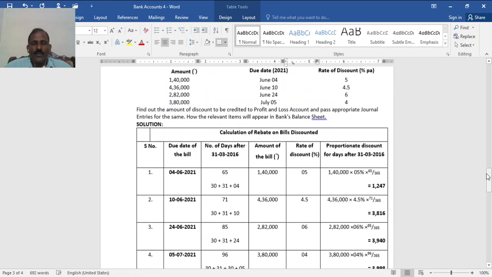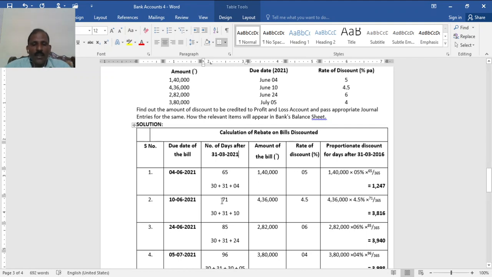First case due date June 4th. So April, May full, 61 days plus 4, 65 days at 5%, that is on 1,40,000. Then the other one, like previous, 71 days on 4,36,000 at 4.5%, 3,816.